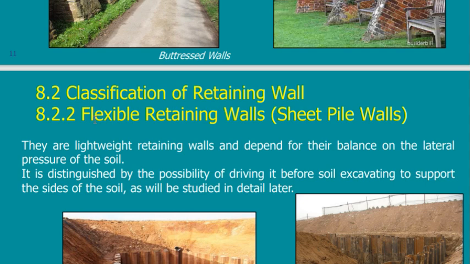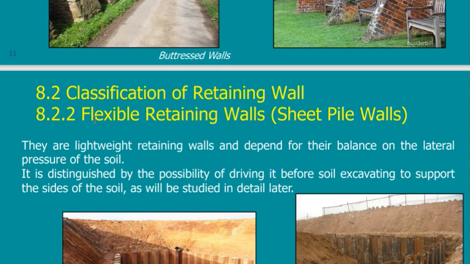If you want to go to a site and construct a basement, you need to dig and excavate the ground and put your foundation maybe 10 meters below. How can I do this? I have to keep the soil next to me in place, otherwise it will be sloped.